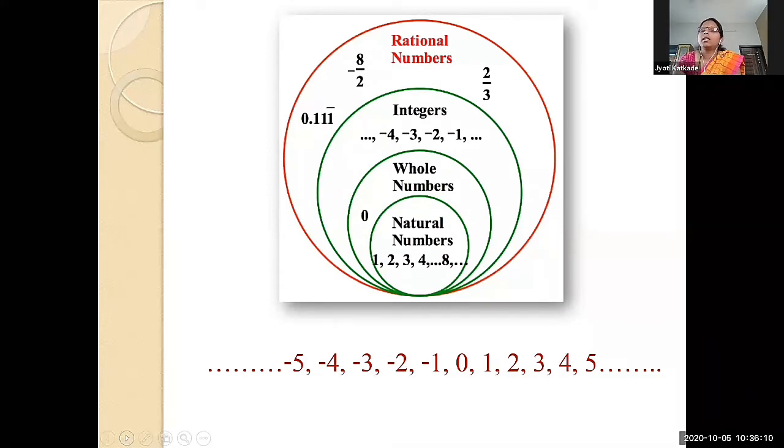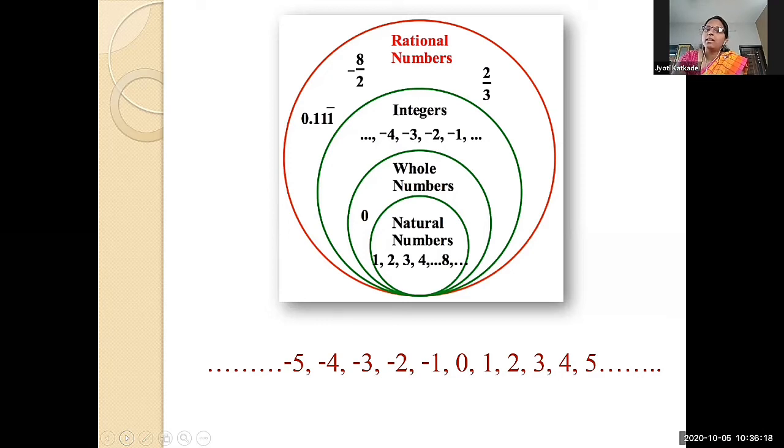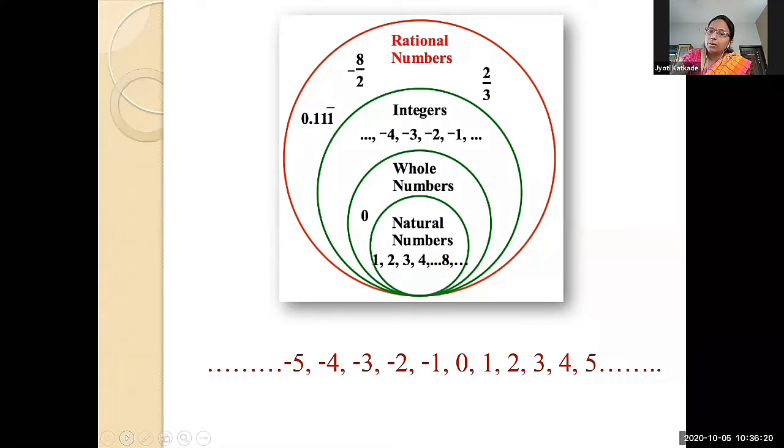See, -8 and 2, these both numbers are integers. -8 is a negative integer and 2 is a positive integer, and the condition is b is not equal to 0, means the denominator is always not equal to 0, and in this given example the denominator is 2, means this is a rational number.